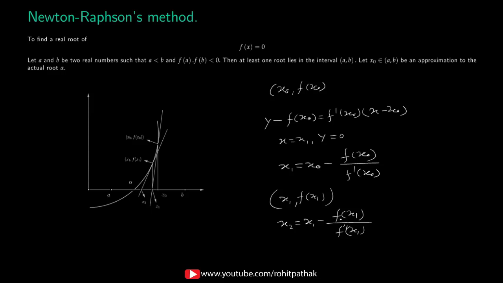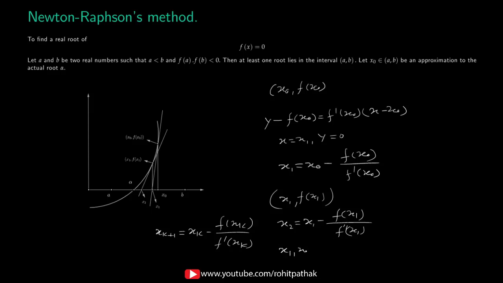So repeating this procedure up to k times, we get xk plus 1 equal to xk minus f of xk divided by f dash xk. So x1, x2 up to xk plus 1, if you find in this way, you reach near the real root alpha.